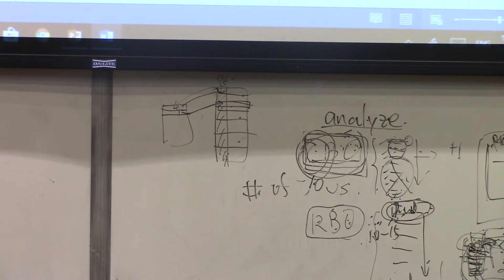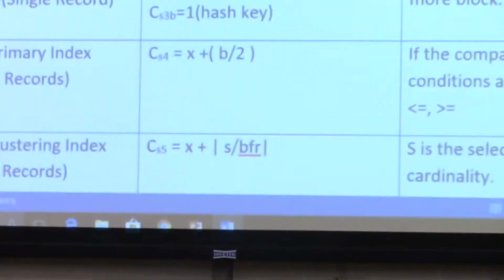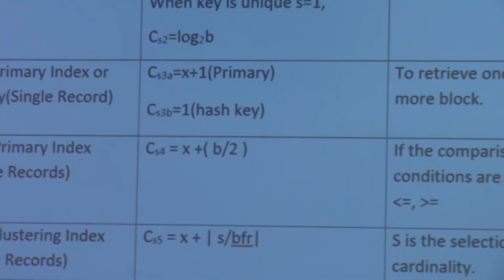We are not going to see the hash index because there is a variety of hashes. You need to consider the variations, like how many hash keys, the hash bucket size, and also whether you have a hash of hash. So it is very complicated. For simplification, we are not going to consider hash this time.